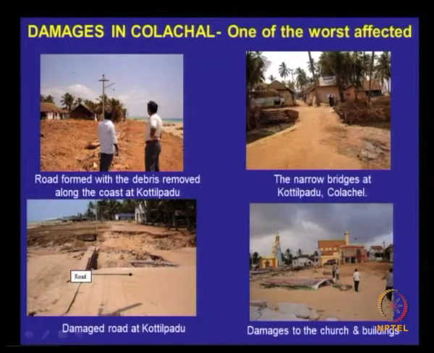All these things have been eroded and completely damaged, and you look at this church building, the entire church building has been damaged, and I believe the water went up to the ventilator of this church. So you can imagine the kind of problem they would have faced.